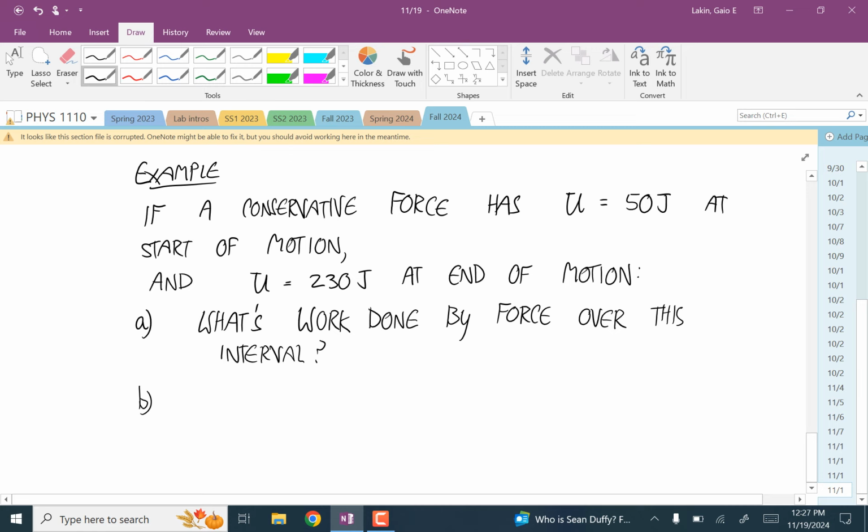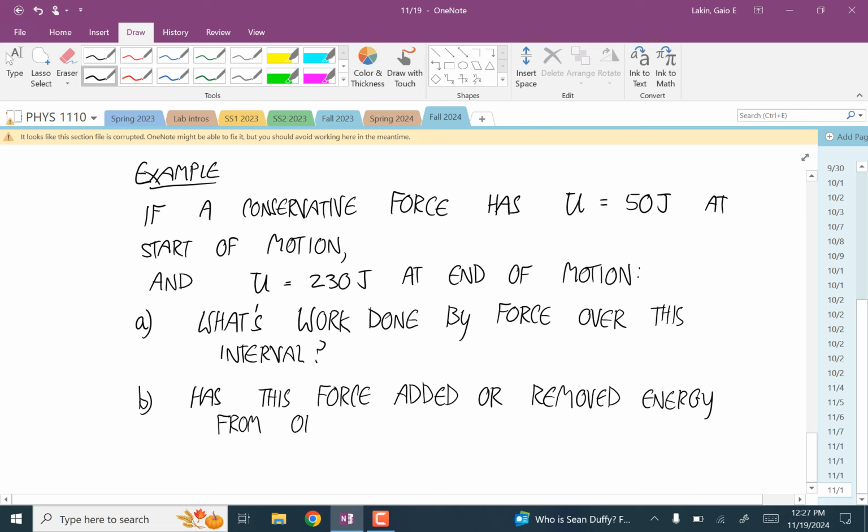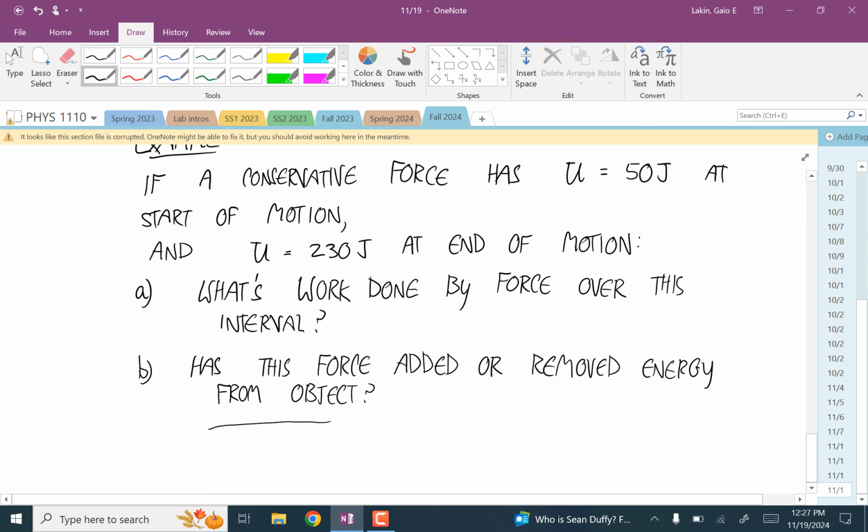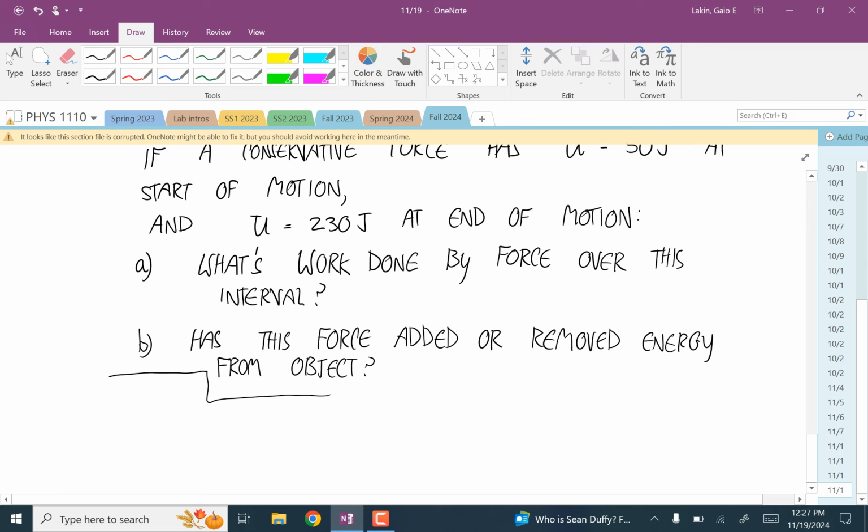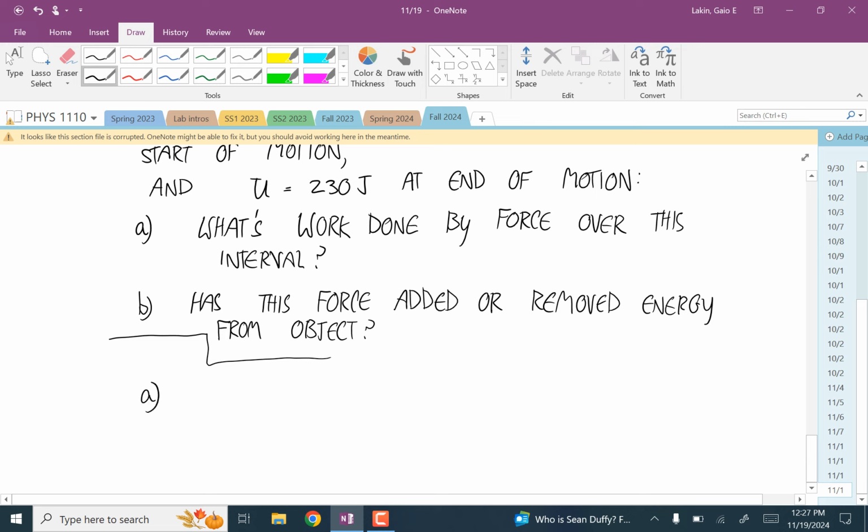And second, has this force added or removed energy from the object? Well, for part A, we're going to use the fact.